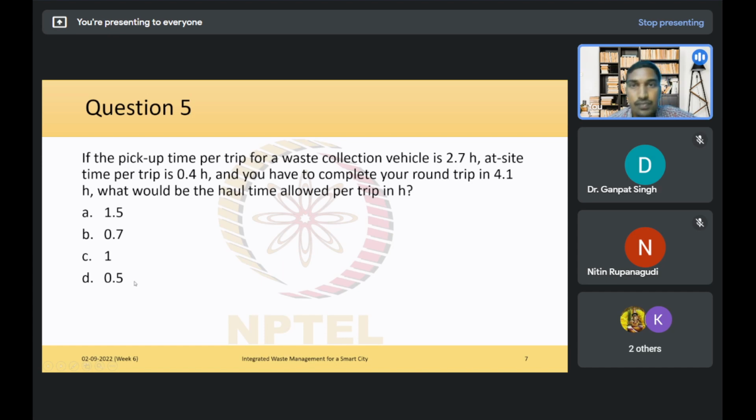Right? So we have different components when we are talking about the collection in terms of the time spent. We have the pickup time, and then we have the at-site time, we have the round trip time. So the one missing component here is the haul time, which we need to determine. So you can take 1 or 2 minutes, and I'll create a poll in the meantime, and then you can answer in the poll.